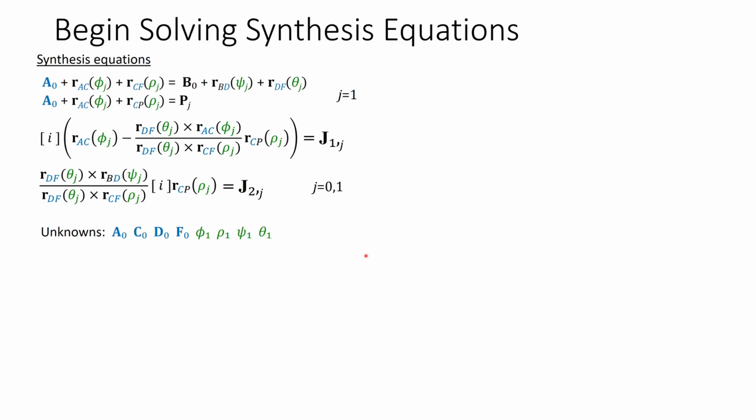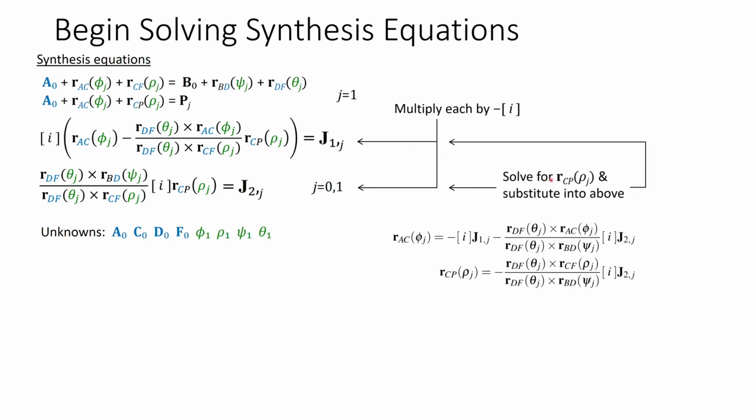Let's begin solving our synthesis equations. Unknown pivot locations are indicated in blue, and unknown angles are indicated in green. We begin by multiplying the two Jacobian entry vector equations by the negative of a 90-degree counterclockwise rotation. RCP can be solved in the bottom equation and substituted into the top equation, coming up with these two new vector equations.